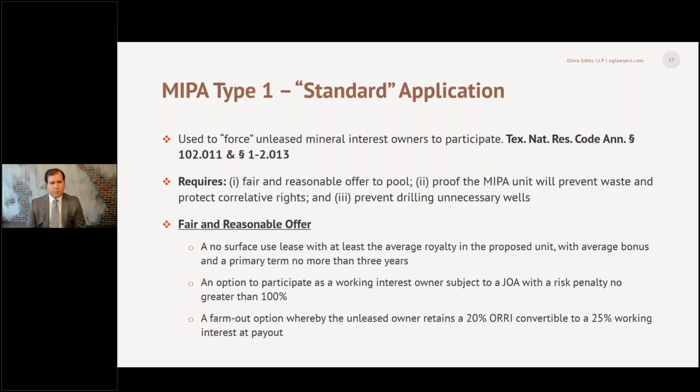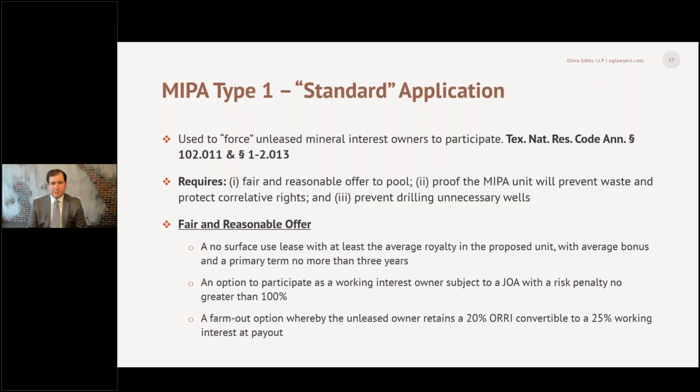We have some examples here of what is defined as a fair and reasonable offer. One circumstance would be if there's a no surface use lease with at least the average royalty in the proposed unit, with average bonus and a primary term no more than 3 years. If that's the offer you made to that unleased owner and they refuse to sign it, then that is going to be considered a fair and reasonable offer.